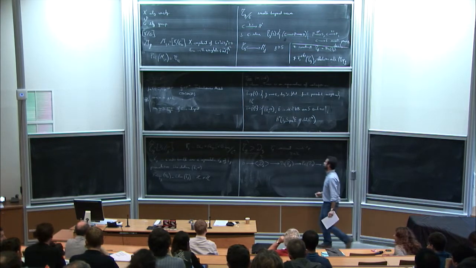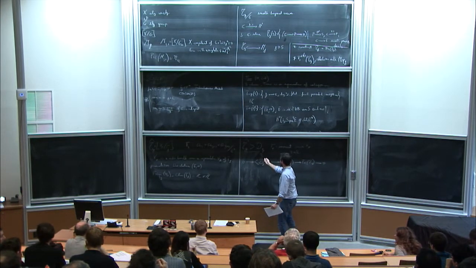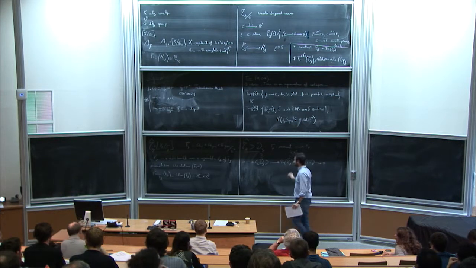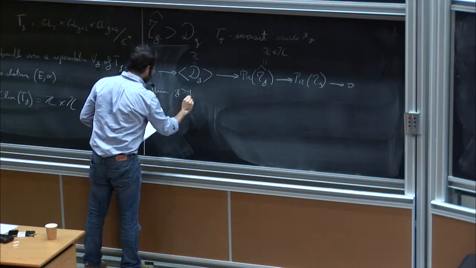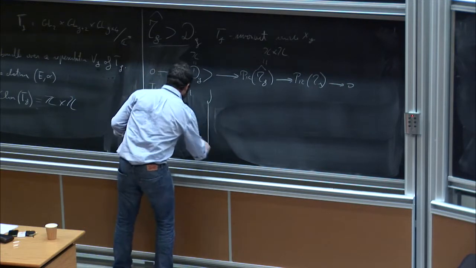Right. So basically, by computing the image of this Z inside the Z times Z, we get the computation of the Picard group, which holds for genus bigger than 1, which is the following.